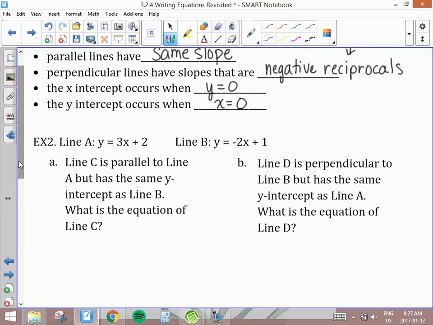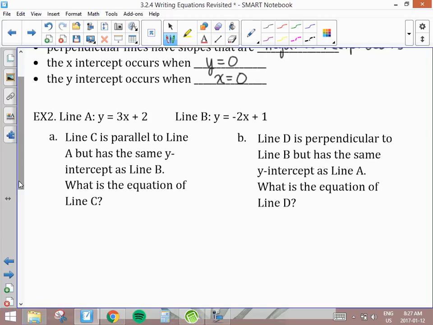Example 2 tells us that line A is y equals 3x plus 2, and line B is y equals negative 2x plus 1. The first part of the question asks us to find line C. And line C is parallel to line A, but has the same y-intercept as line B. In order to do this, I'm going to first find the slope.